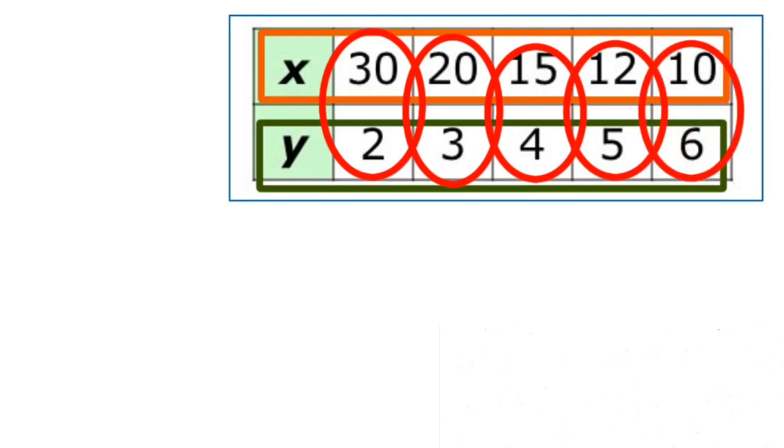And then 10 times 6, that is also 60. Meaning to say, ang constant of variation nila is 60.